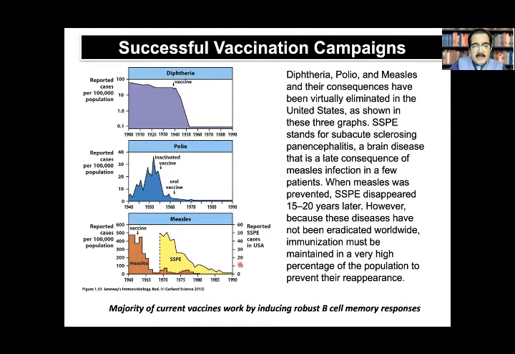It shows that when you introduce the vaccine, there is a precipitous drop in the incidence of infections, whether it be diphtheria or polio, and even measles. In measles, you get it as a child, and then it can come back in SSPE. Once the vaccine was introduced, the incidence of SSPE also goes down precipitously. So you want to get vaccinated, and you do not wish to be an anti-vaccine.